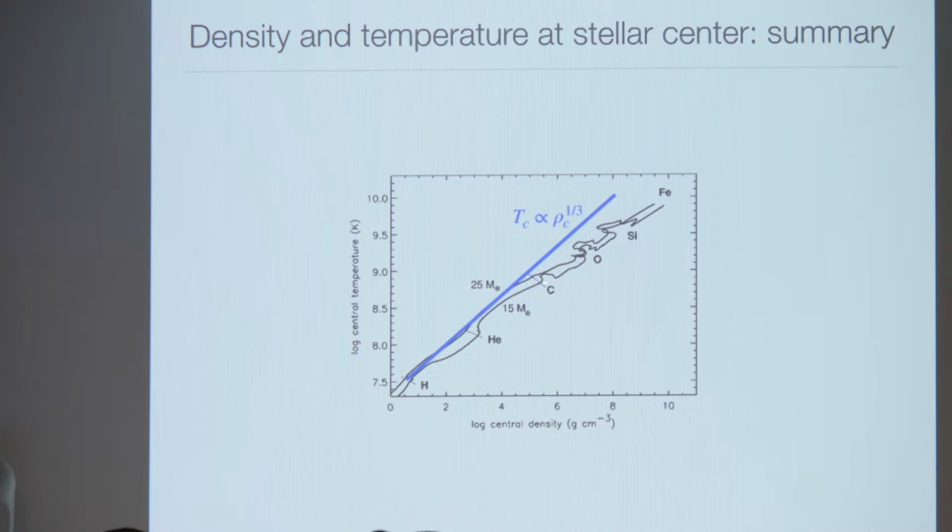And these lines are what you get by actually numerically calculating the star evolution. This lower line is for 15 solar masses, and the upper line is 25 solar masses. And what our theory told us is that for a given mass, the star should follow this line.